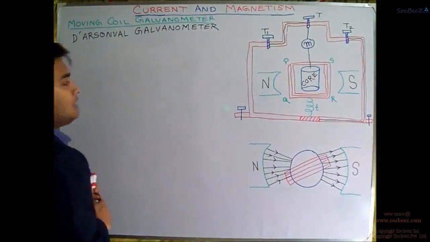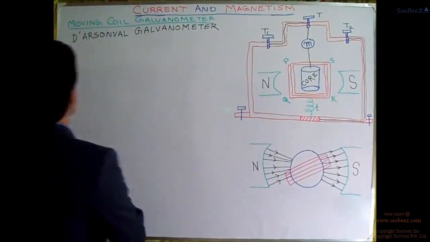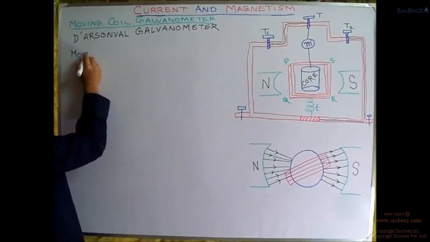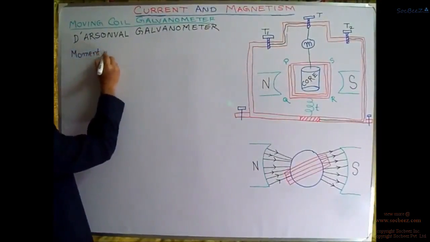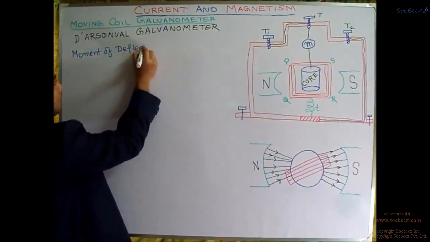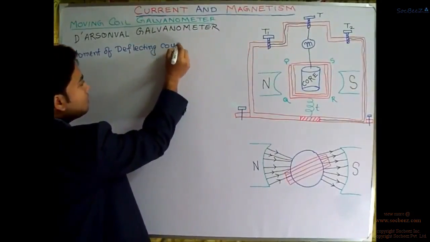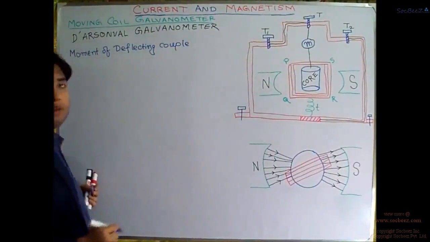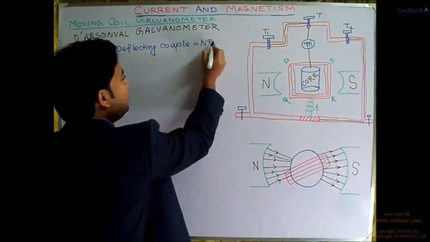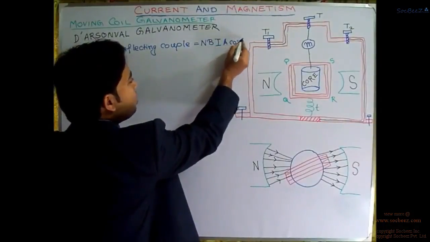So we can say that the moment of deflecting couple, as we know, the formula is equal to N B I A cos theta.